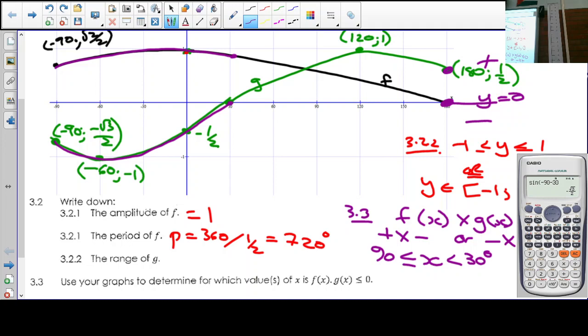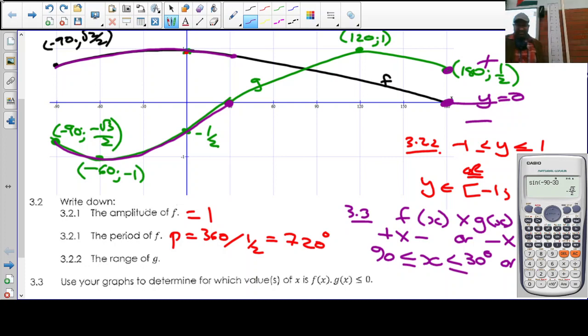Would we have an equal sign at 30? Yes. Why? Because at 30, this product will be 0. Because here, g is 0 and 0 times any number will always be 0. That's why I have an equal sign here as well. Now we go to 180. Is there a 0 point at 180? Yes. So it can be at 180 as well.